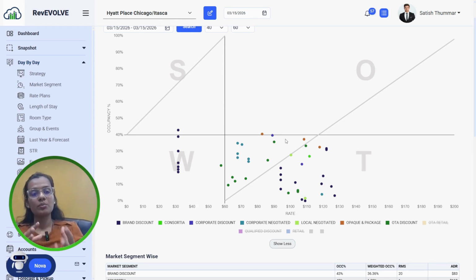So these are the moments where the hotel believed demand arrived, but the booking window didn't cooperate much, because the occupancy we can see is a bit lower, but the price is going much on the good side, right? So it's simply that rooms remain unsold longer than they should, right? So this is what this chart is all telling about.